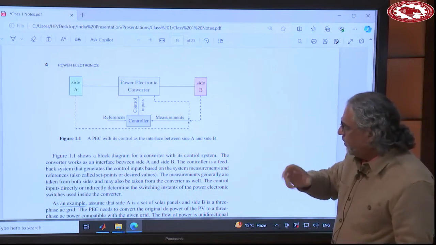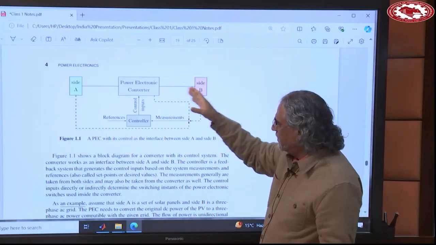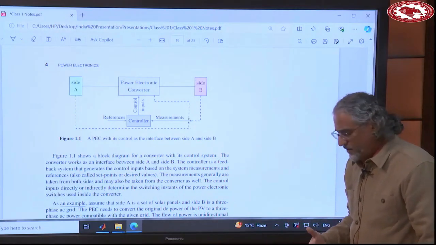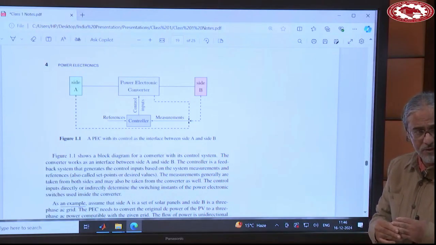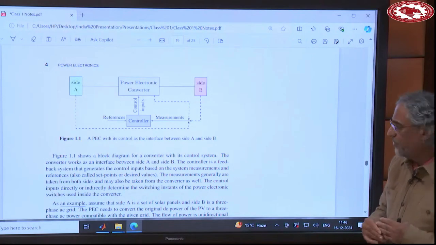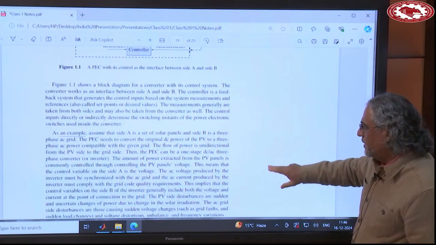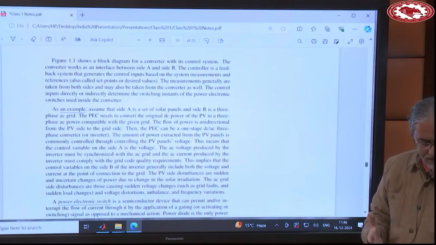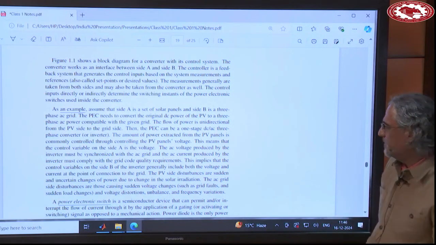By turning the switches inside this converter on and off, the interface between these two is established, and that interface, like I said, has to do two main jobs: conversion of the form and control of the flow. For example, side A could be a solar panel, and side B could be the power grid, and different things.